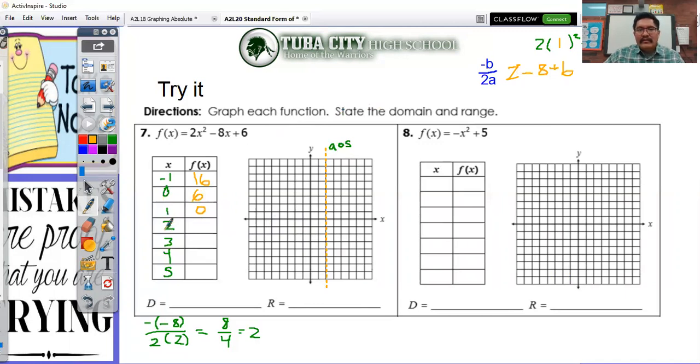Plug in 2. So let's go ahead and plug in number 2 and evaluate the function at 2.